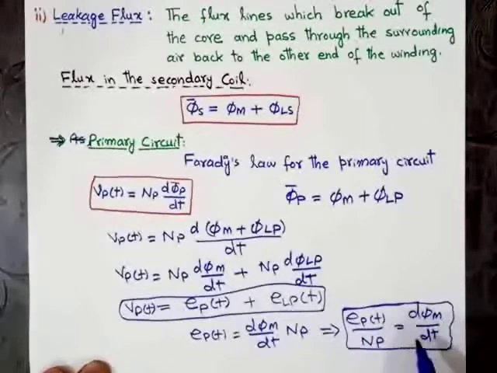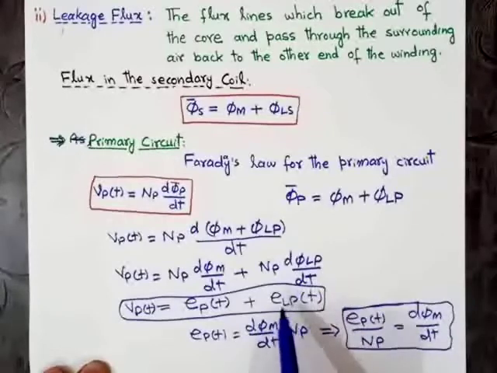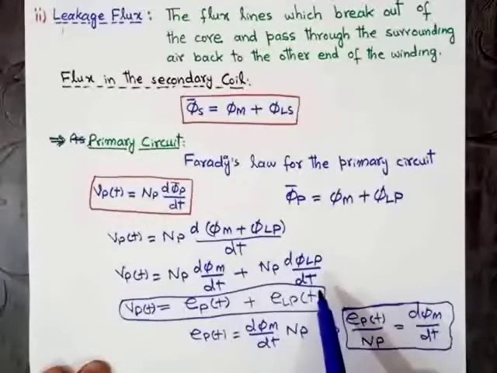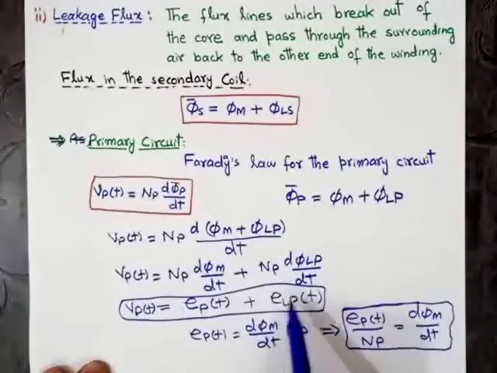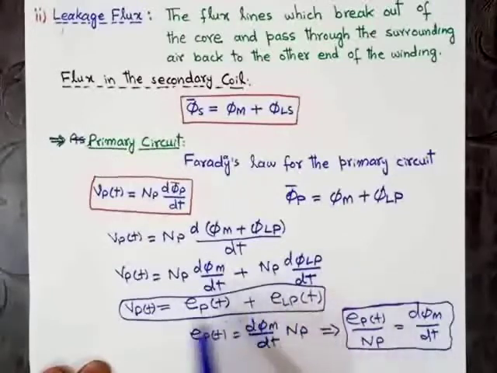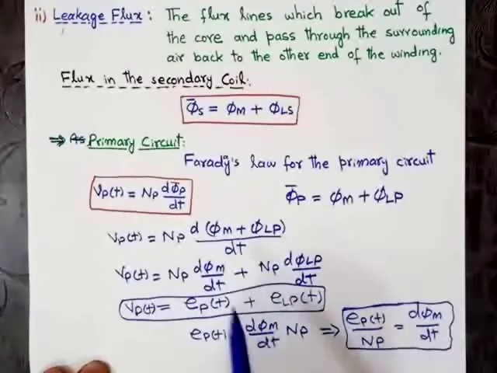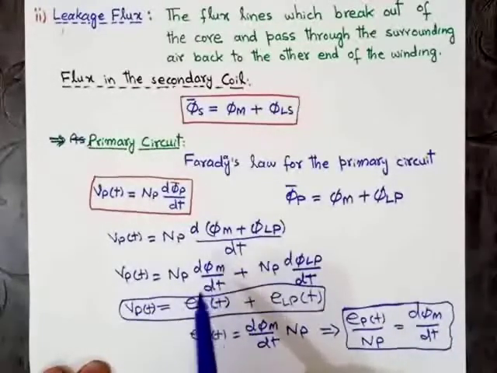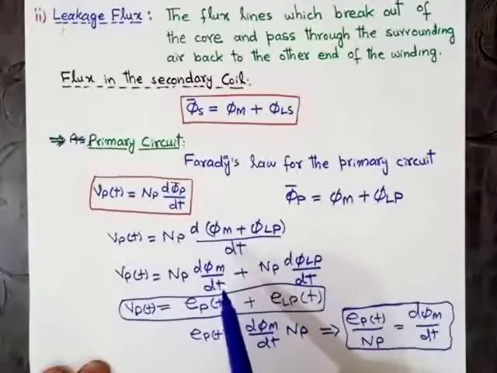Ep over Np is equal to dφm/dt, and due to leakage flux, this voltage will be lost. If the leakage flux is 0, then the leakage term will be 0, and Vpt will be equal to Ept. So the actual voltage is induced due to the mutual flux, the flux which remains in the core.